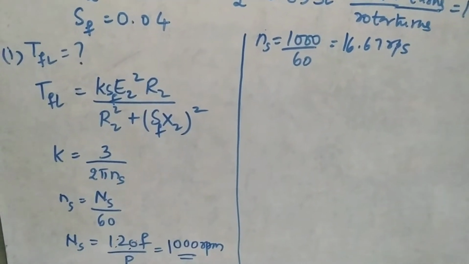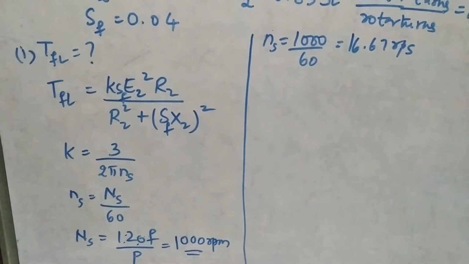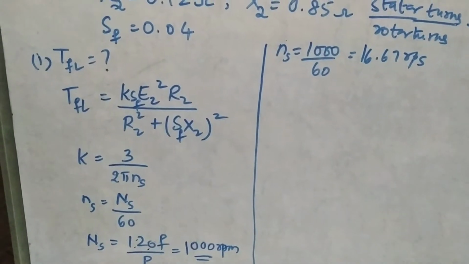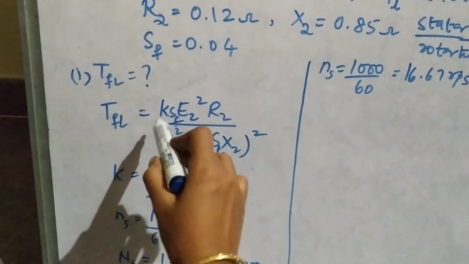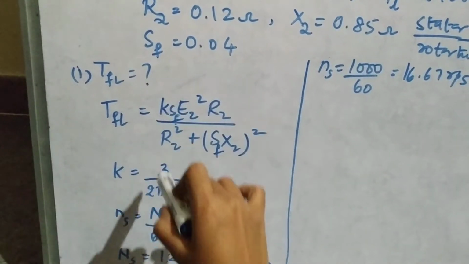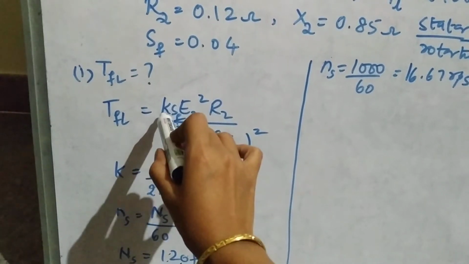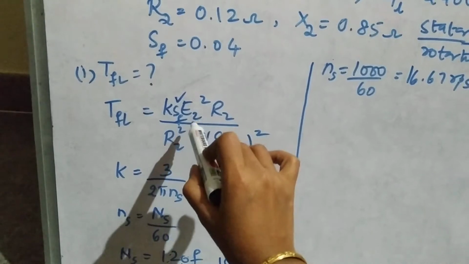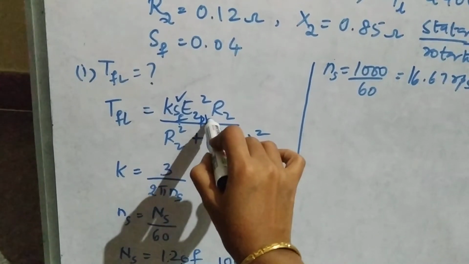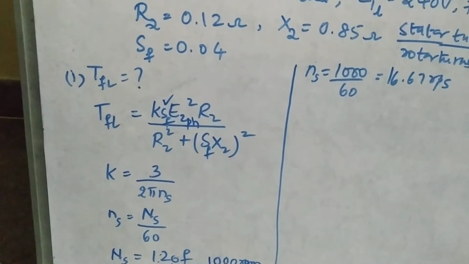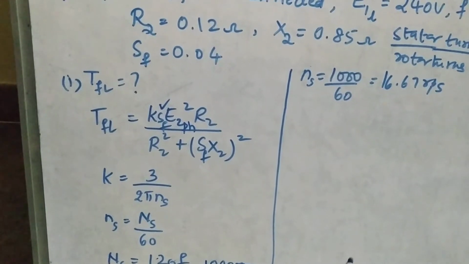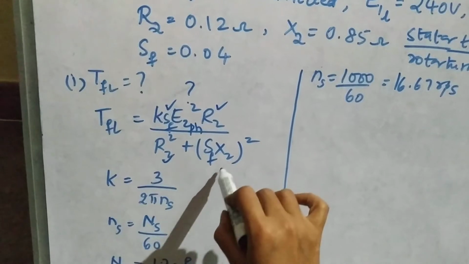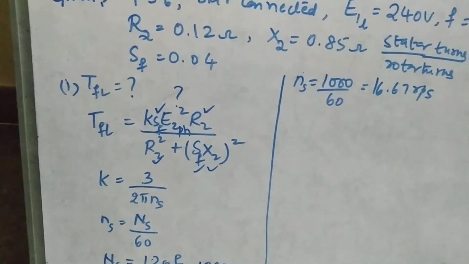Substitute that value in K is equal to 3 divided by 2 pi ns. Before that, let us see the torque equation, because this K value goes there. In that, SF is there, and the E2 value which you are going to substitute should be the E2 phase value. We don't know this value. R2 is given, X2 is given, SF is given.